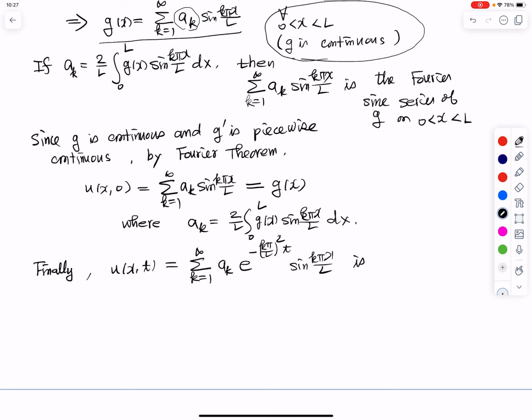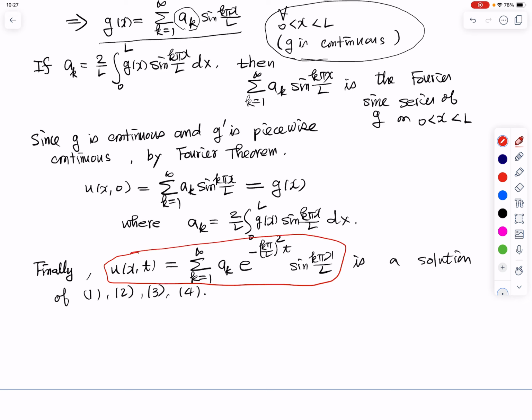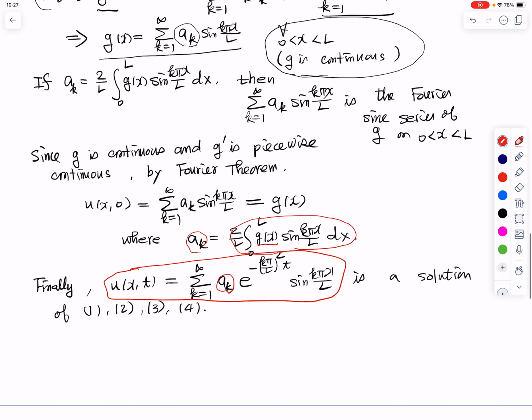This is a solution of equations 1, 2, 3, 4. Okay. So now in this form, we have an explicit form of a_k because a_k is given here, so g is given. So you can actually compute this integration, and then you have a constant. Then we can consider this, okay, a solution of 1, 2, 3, 4, sort of formally, right?